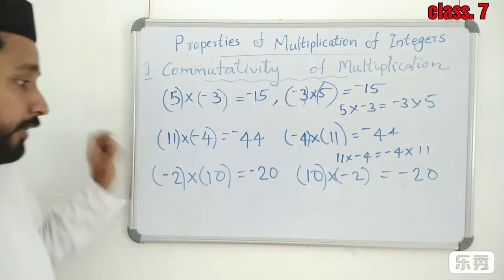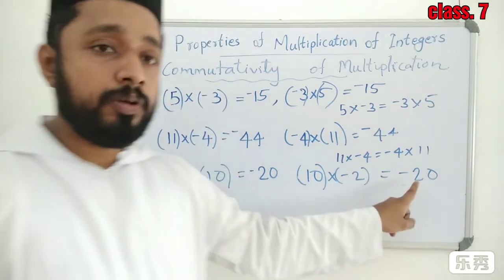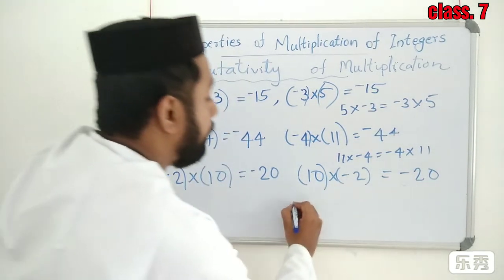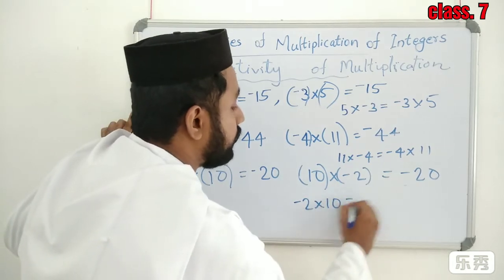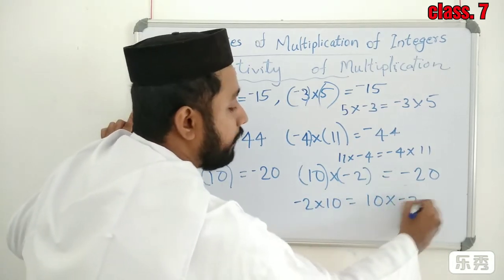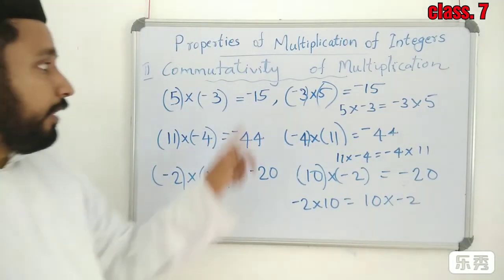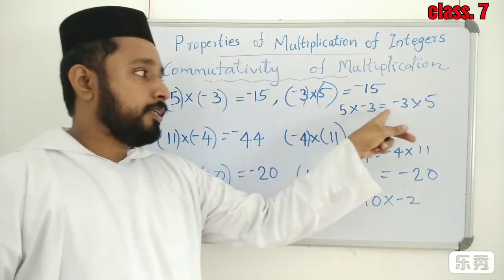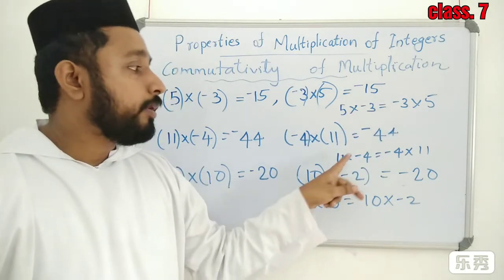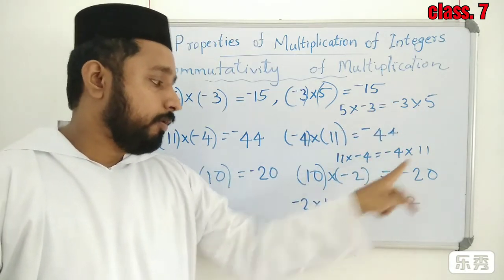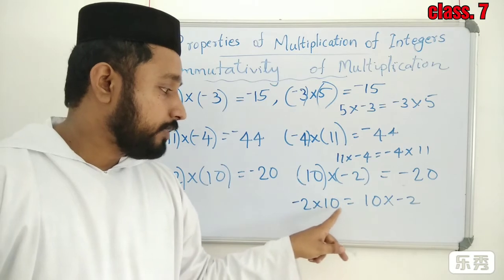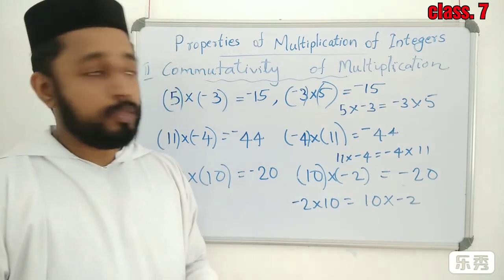So minus 20. Here also minus 20, which means minus 2 into 10 is equal to 10 into minus 2. So 5 into minus 3 is equal to minus 3 into 5. 11 into minus 4 is equal to minus 4 into 11. Minus 2 into 10 is equal to 10 into minus 2.